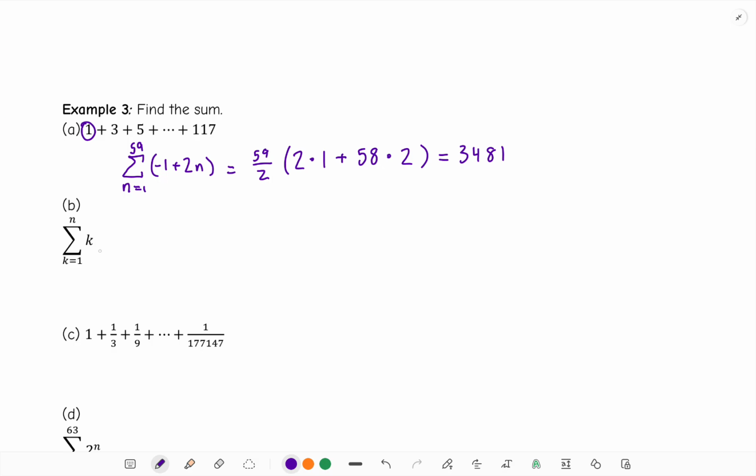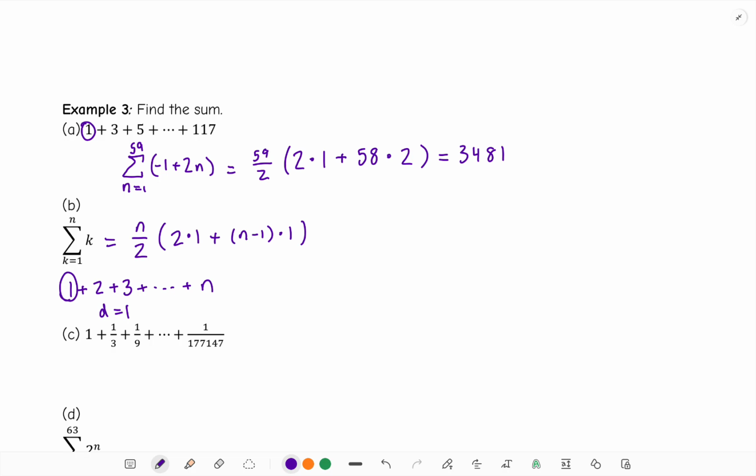Now for B, I would write out the first few terms in case you don't recognize if this is arithmetic or geometric. So this is 1 plus 2 plus 3 plus ... plus n. I'm hoping you see that it is arithmetic with d equal to 1. So according to our formula, it'll be n over 2 times 2 times a1 plus n minus 1 times d.